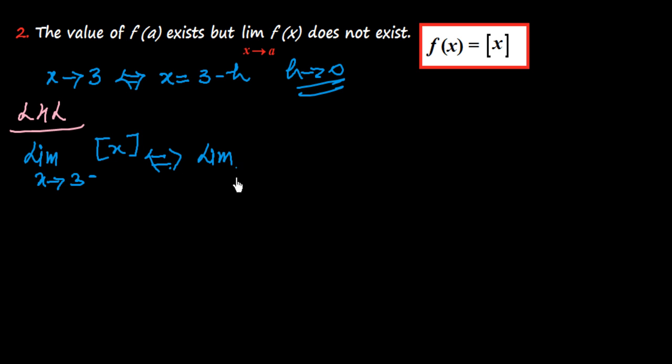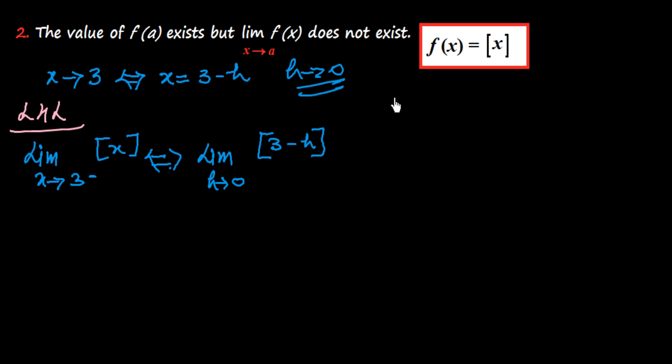So here we have to write in this way. Limit h tends to 0, here we have to put 3 minus h instead of x. Now we see what happens. 3 minus h, h is a very teeny fractional part of a number.